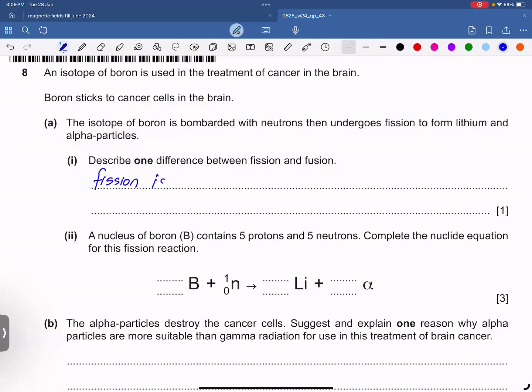Fission is splitting of a large nucleus into two smaller nuclei.